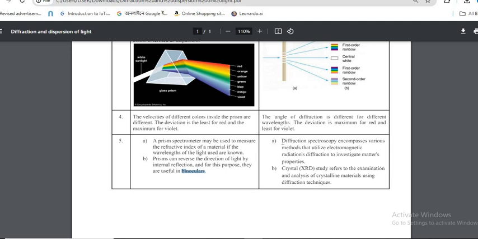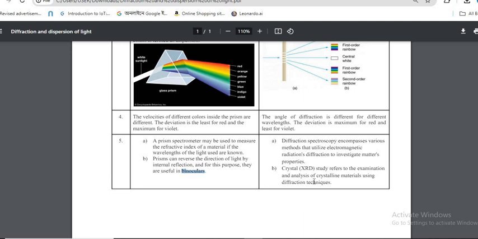And diffraction spectroscopy is also a case of spectroscopy. Diffraction spectroscopy is a method utilizing electromagnetic radiation to investigate matter properties, so different properties can be studied by diffraction spectroscopy.